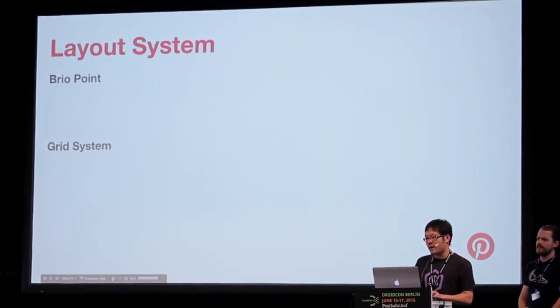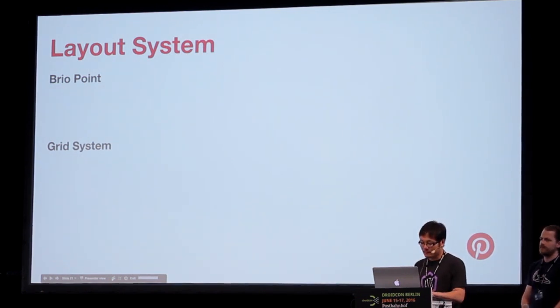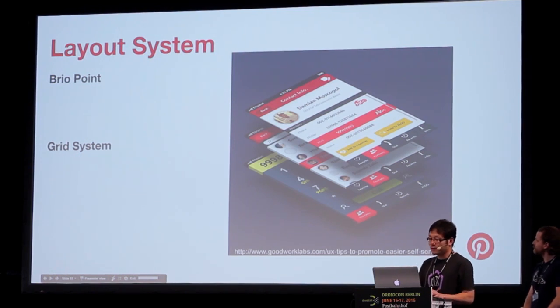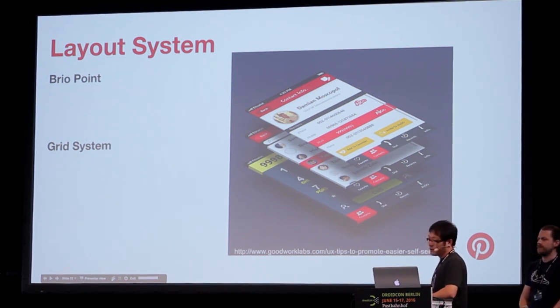So there are two key elements in this new design, which are the Braille point and the grid system. First, as we all know, a regular visual application contains a set of functional screens, and each functional screen has a number of graphical objects in it.